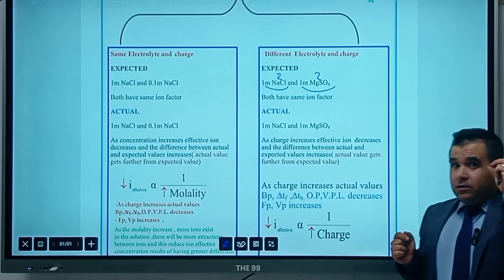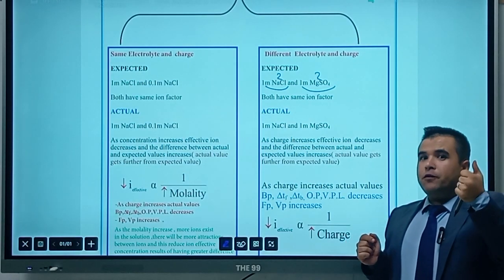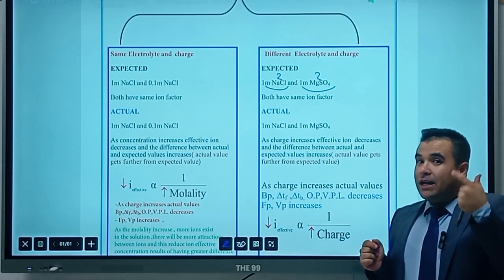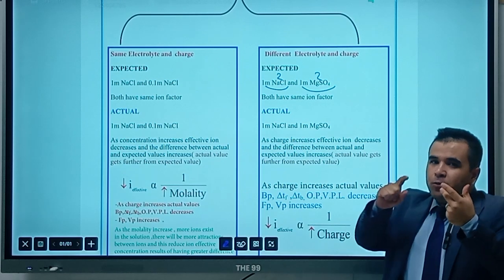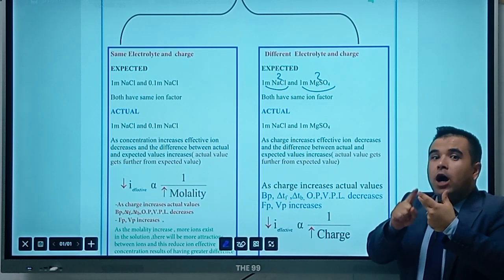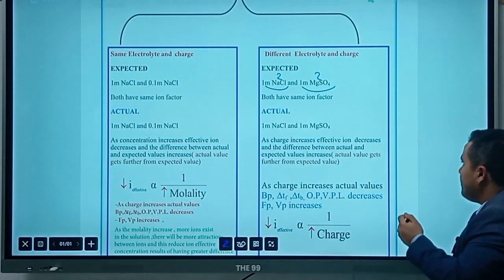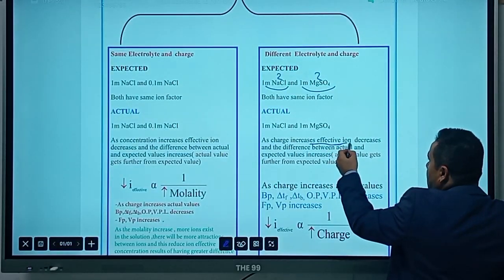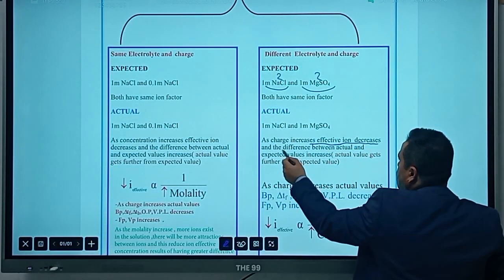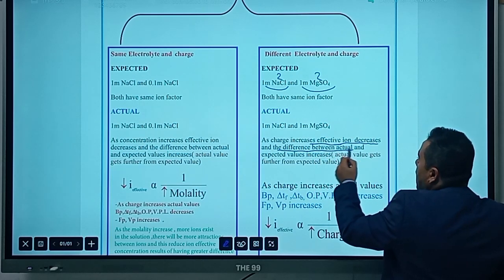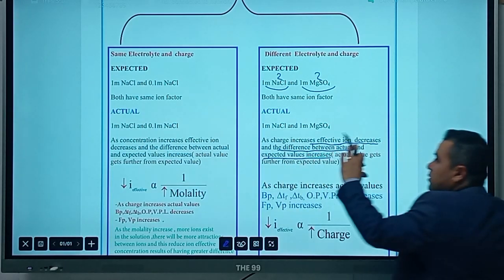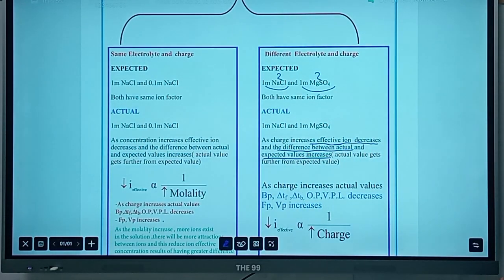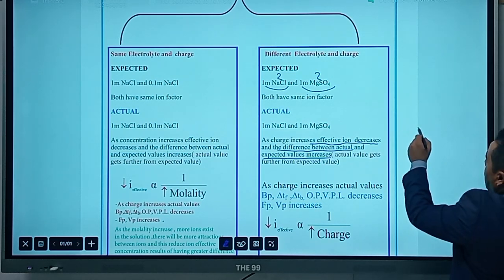Guys, whenever 2 electrolytes have the same molarity and ion factor, we have to look to the charge of them. As the charge increases, effective ion concentration decreases, and then there will be a greater distance between actual and expected values.